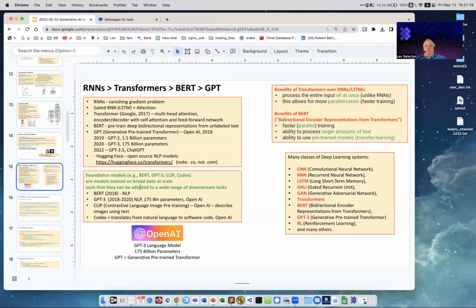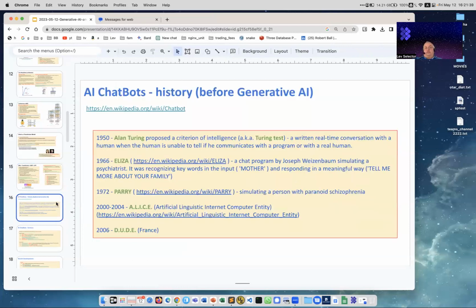Foundational models, BERT, GPT-3, CLIP, Codex, and so on, OpenAI, parameters. This is kind of repetitive because I already spoke about it. This is some terminology: convolutional neural network, recurrent neural network, and so on. And here we have BERT and GPT-3, reinforcement learning. I'm not covering it today. Anyway, ChatGPT history, not related to generative AI.